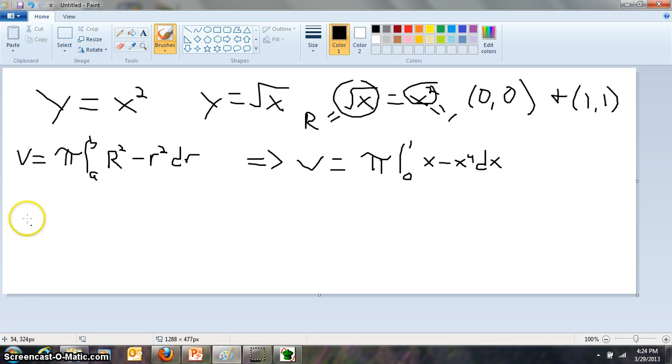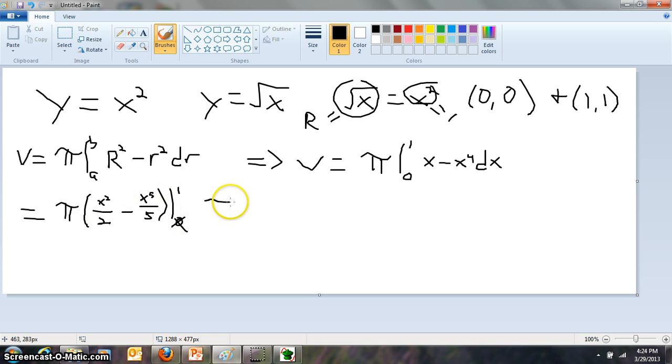And then integrate. So when we integrate these, we have pi times x squared over 2 minus x to the 5th over 5, from 0 to 1. Now, since you already know that 0 is going to be 0 for both of these, you can just skip that step and not even worry about the 0 value.